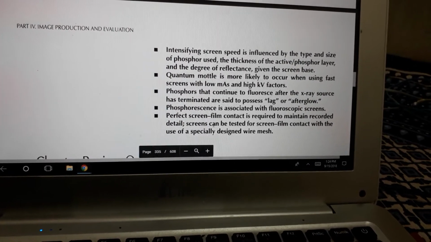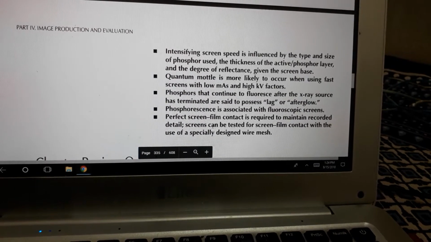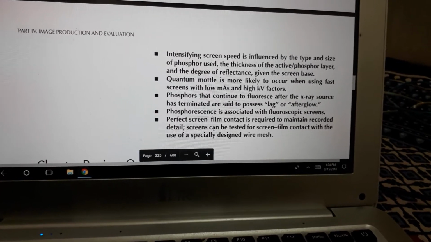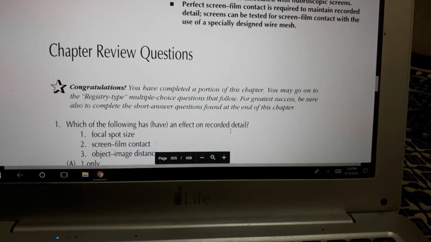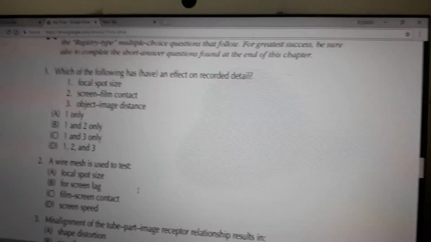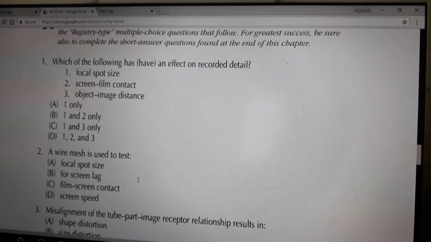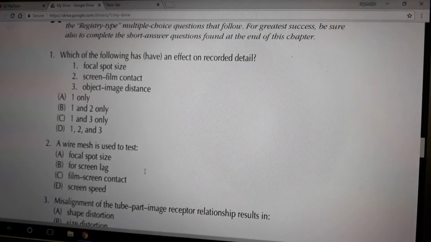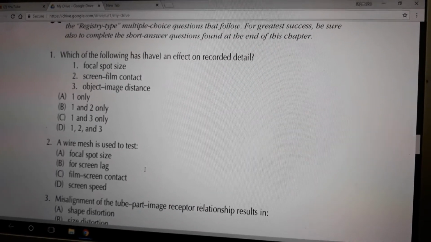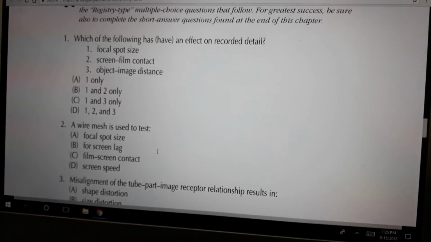Screens can be tested for screen-film contact with the use of a specially designed wire mesh. Question: which of the following has an effect on record detail? Focal spot, screen-film contact, object-to-image distance, all three. The answer is all three.